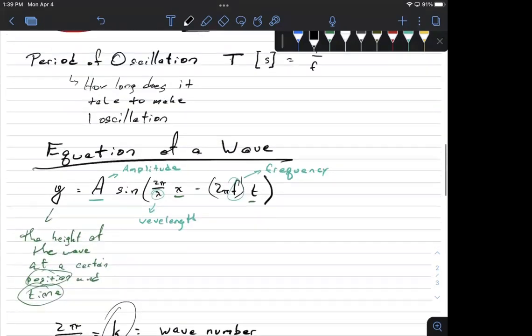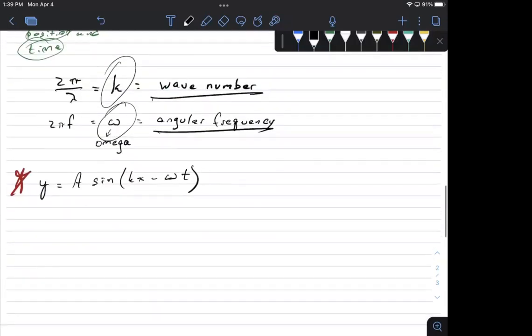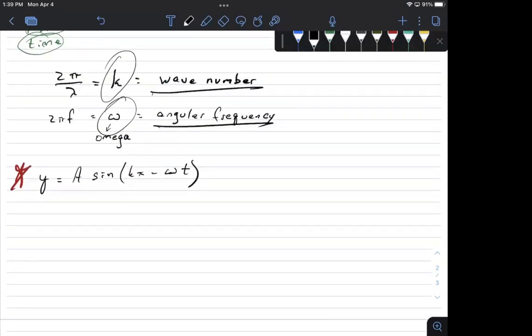So why don't I try to create another relationship like the speed of a wave is frequency times wavelength, but using these 2 things instead. Maybe that's useful. So how do I do it? Well, what I want is v is f times lambda, right? But I don't want to use f, I don't want to use lambda, I want to use omegas and ks instead.